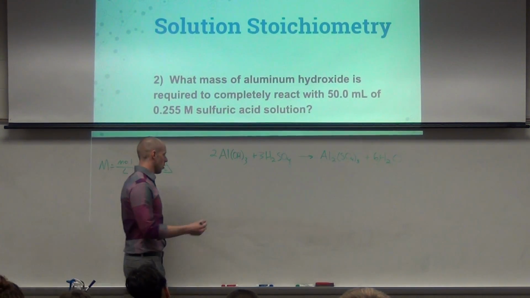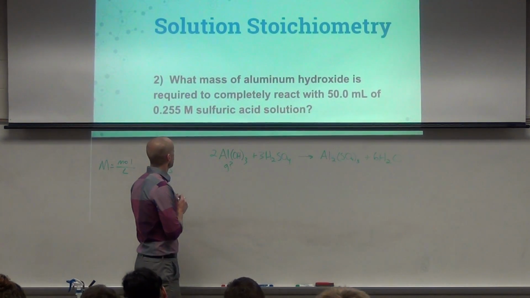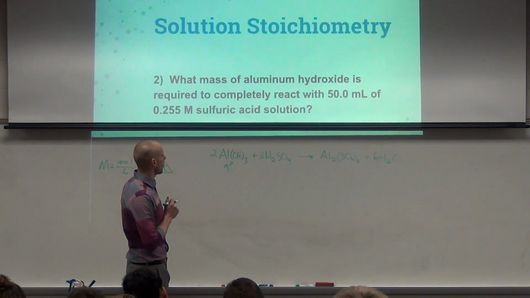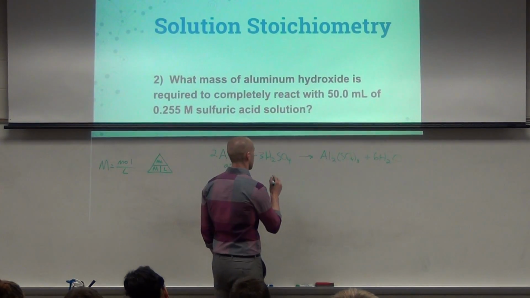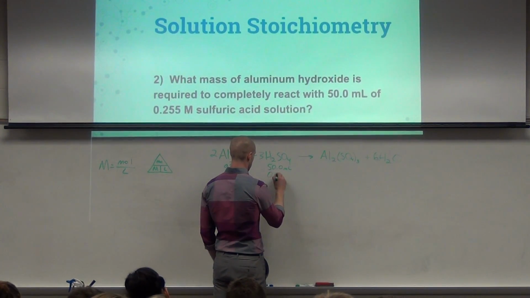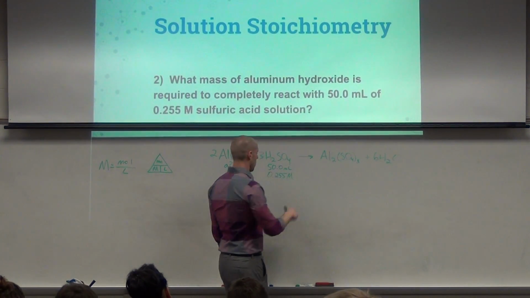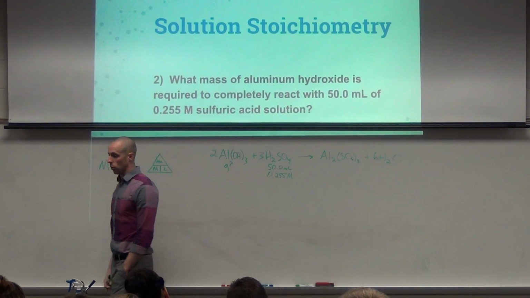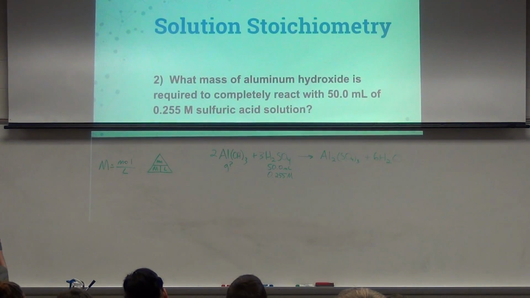So I'm trying to find grams of aluminum hydroxide, and it says it's required to completely react with 50 milliliters of 0.255 molar sulfuric acid. So underneath here, 50.0 milliliters, and it is 0.255 molar.